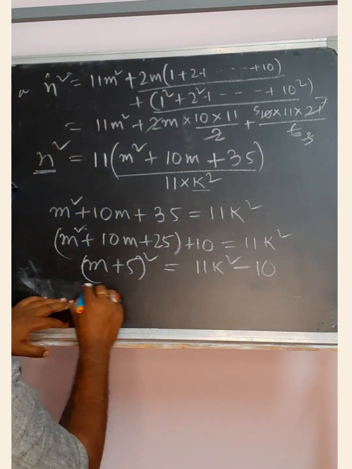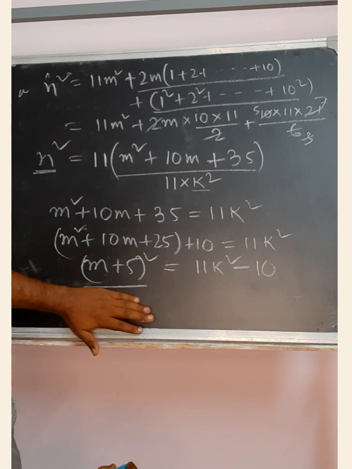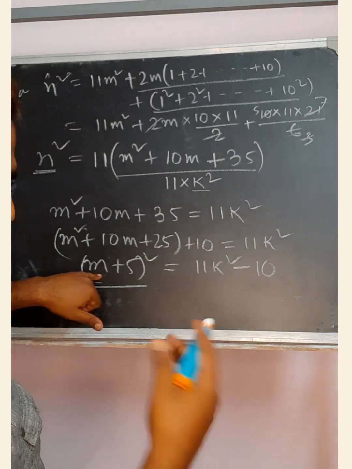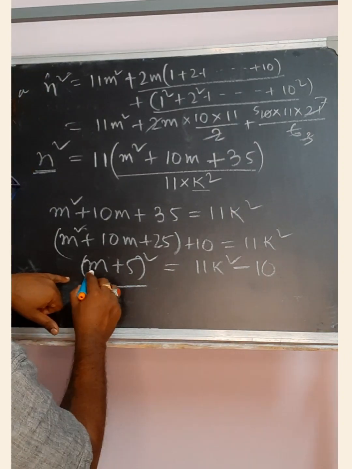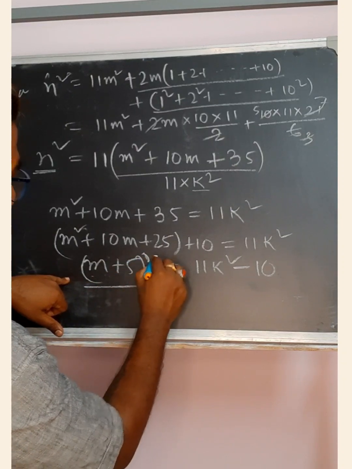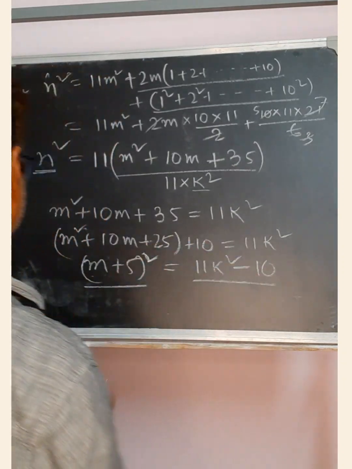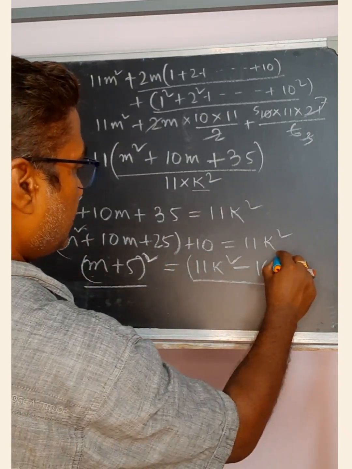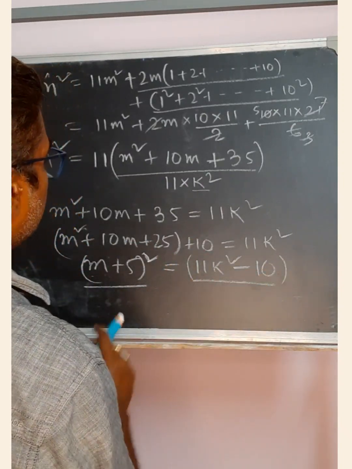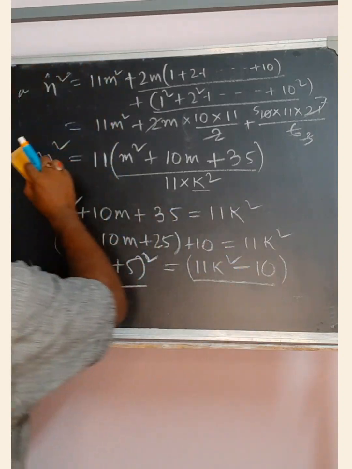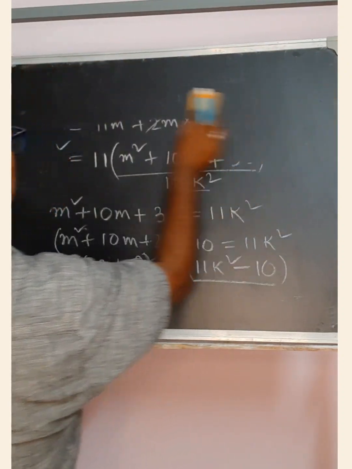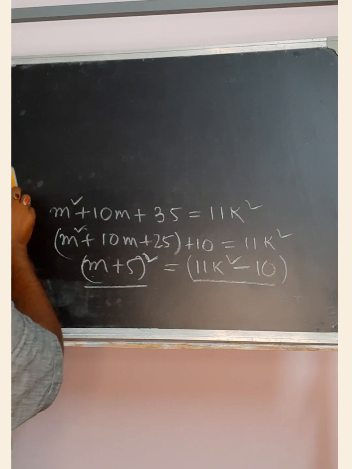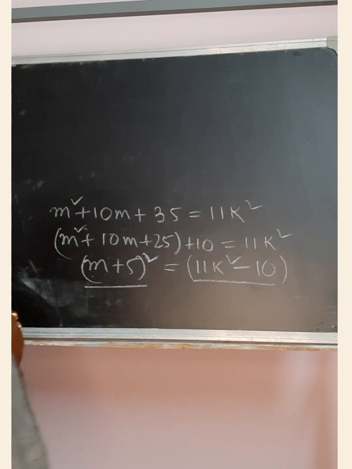Now see, this part on the left hand side is a perfect square for any value of m. M is a positive integer. So for any value of m, this is a perfect square. So this also has to be a perfect square. Now see, for what value of k will this give a numeric value which would be a perfect square. Now this will be a trial and error of value k by putting 1 by 1.